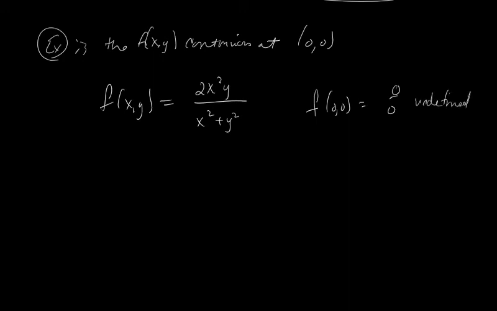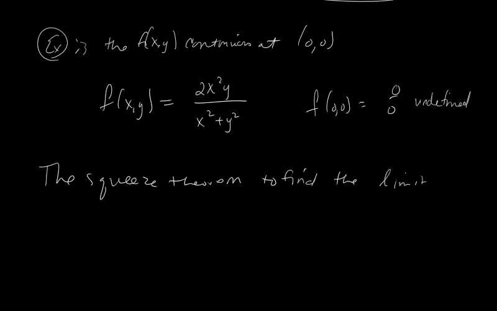But this discontinuity is a special kind of discontinuity called a removable discontinuity. I'll show you why, because the limit at this point does actually exist. And we're going to show that that limit exists using the squeeze theorem to find the limit.